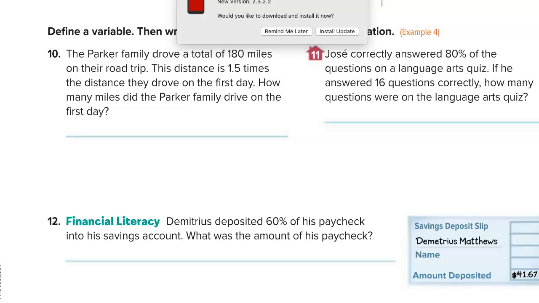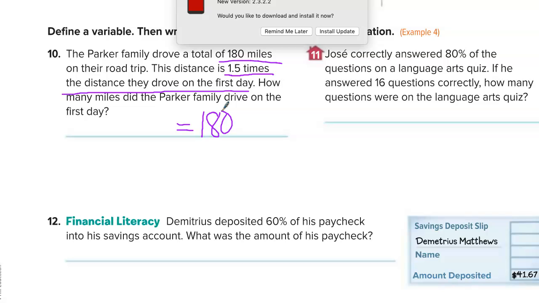So the Parker family drove a total of 180 miles. The distance is 1.5 times the distance that they drove on the first day. So we need to write an equation to figure out how many miles they traveled that first day. I always like to start with the total of 180, and times means to multiply.